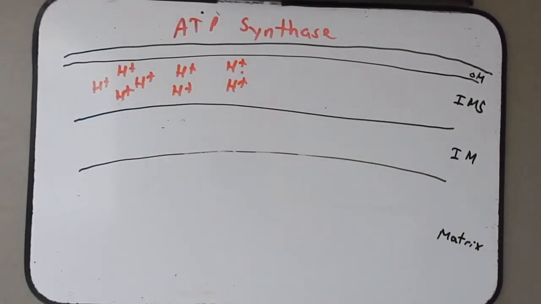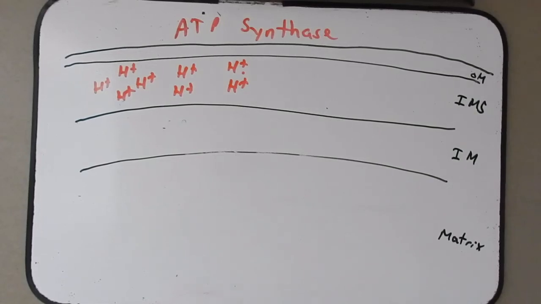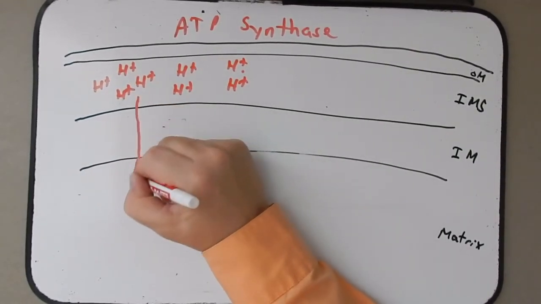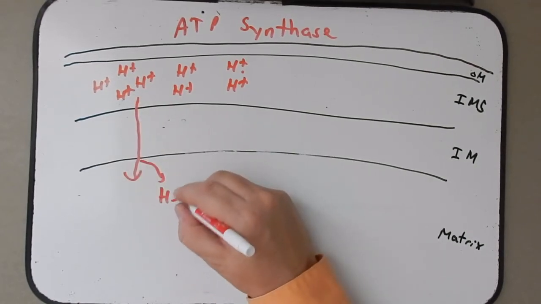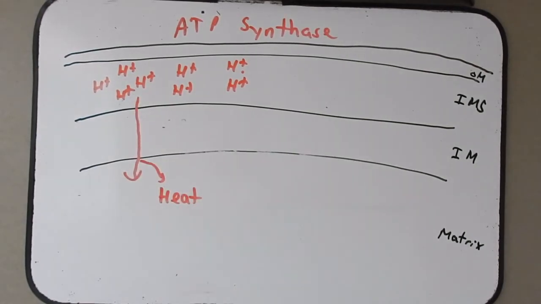And at the closing of the last whiteboard, I said we could just move these all across through some mechanism. And if we did that, all this potential energy would be lost as heat. We'll come back to that later on, I hope. But we want to talk about how the cell can use these protons to generate ATP.